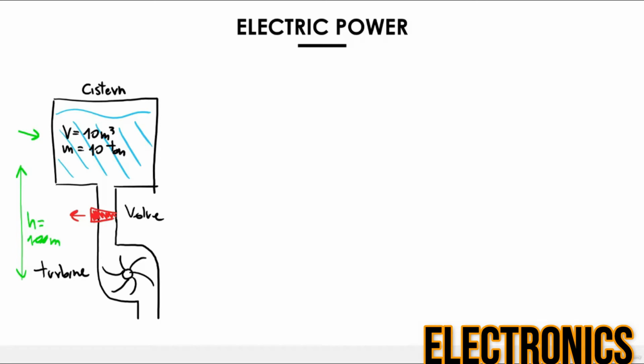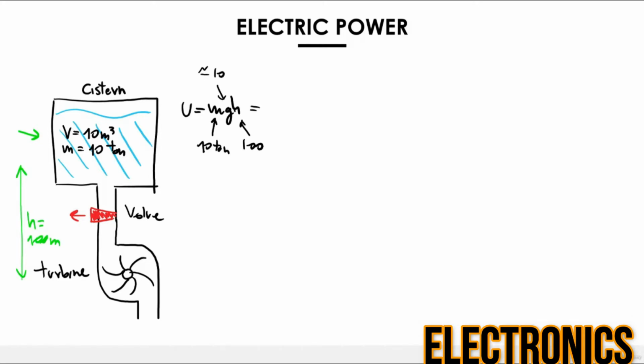Now the energy, U, is equal to mgh, where g is the gravitational acceleration, which is roughly equal to 10. So if you substitute, the mass is again 10 tons, g is about equal to 10, and h is about 100.